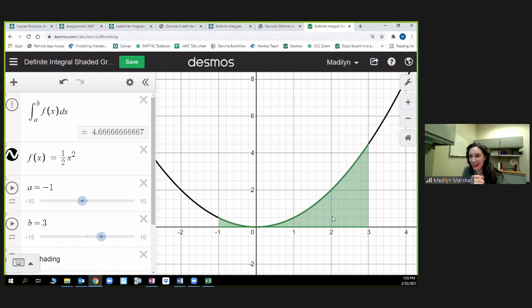I am getting excited about integrals right now. In higher level calculus classes, when we're doing multiple dimension type of things, integrals can be used to find the volume of weird shapes or the mass density or the density at certain points in a certain thing.